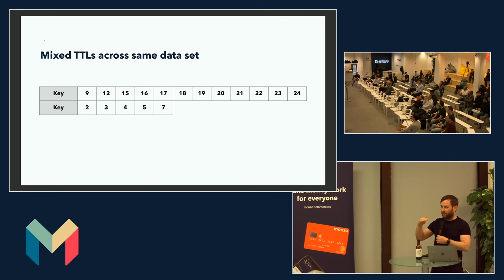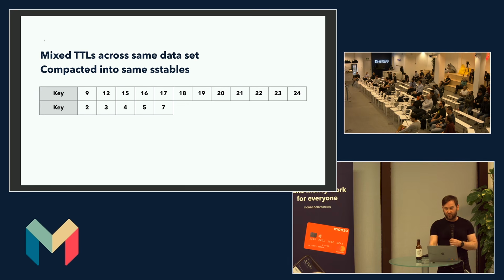Debug or trace level logs get stored for, I don't know, a minute. Errors get stored for weeks. As the log lines come in, they're indexed by their request ID and a few other indexes, so we have multiple different partitions. And again, we want to slowly age out the less important stuff and keep the important stuff. So the problem we have here is they have all been compacted into the same SSTables.